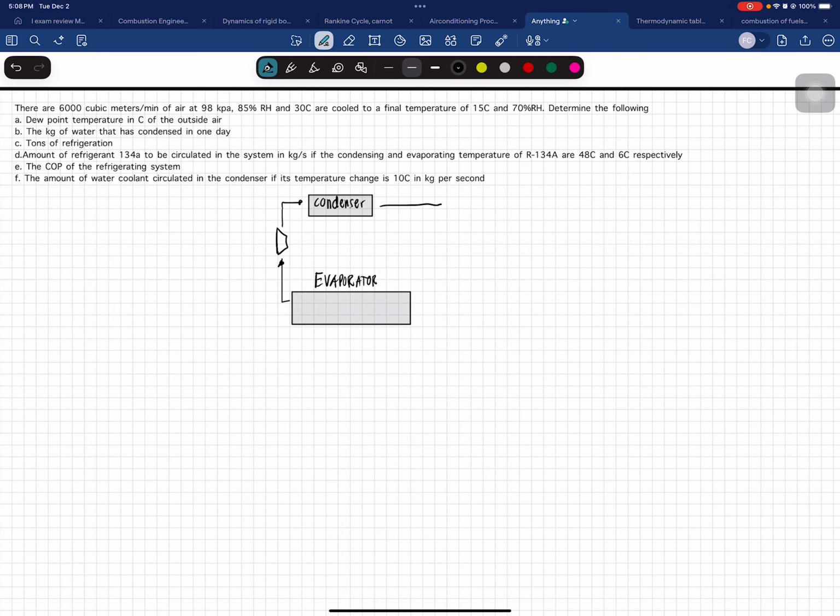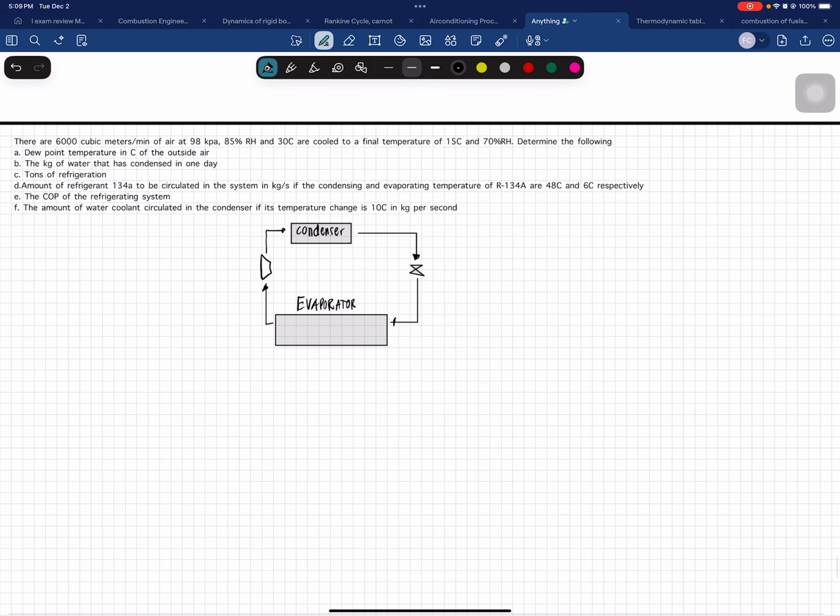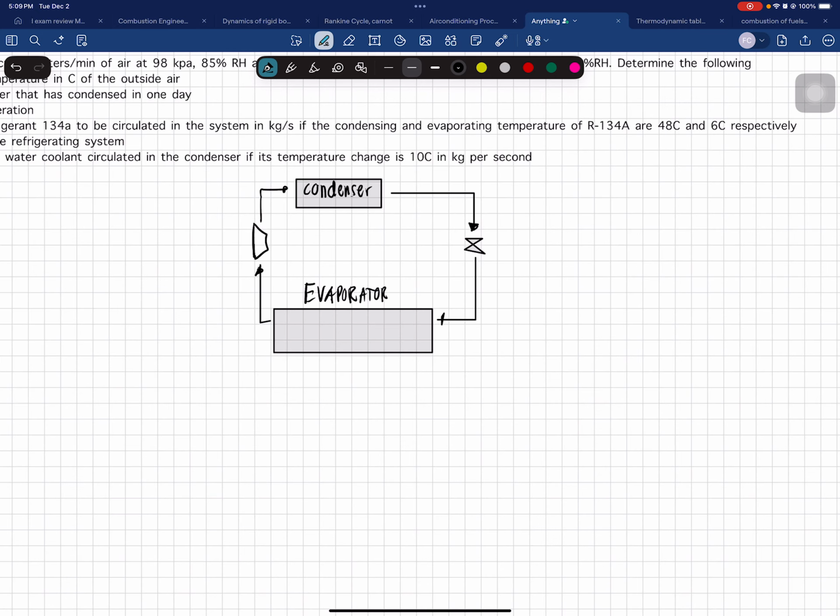After the condenser, it will then go through the expansion valve. Alright. So, how will we cool the air? The evaporator will act as our heat exchanger, when you have your coils wrapped around the heat exchanger.